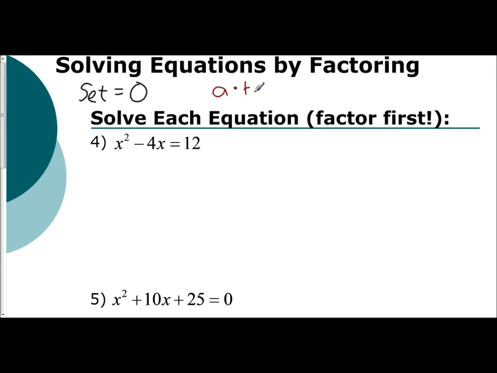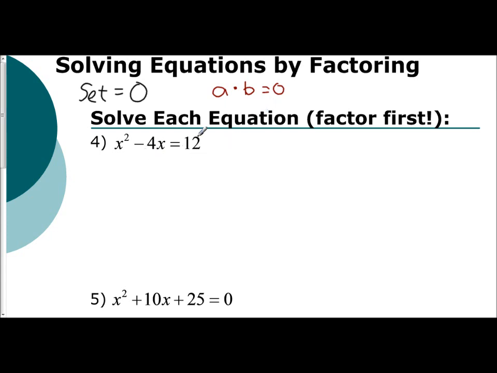I'll refer to them as A times B, either two parentheses or GCF parentheses, and they're going to be equal to 0. In order to solve, it needs to look like this, because that allows you to have either A equal to 0 or B equal to 0. So the bottom line is, before you start factoring, get it equal to 0 first, and that allows us to apply our solving technique when our quadratics are in factored form.